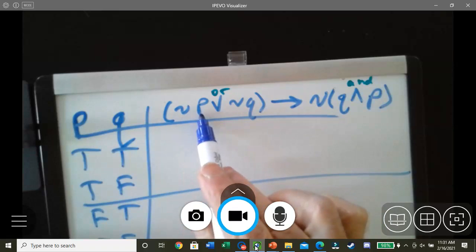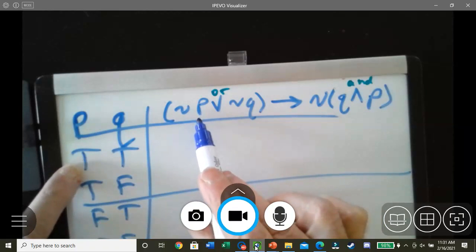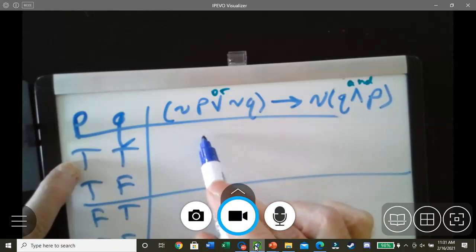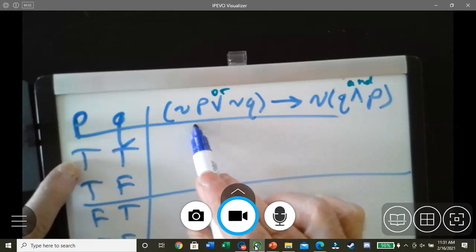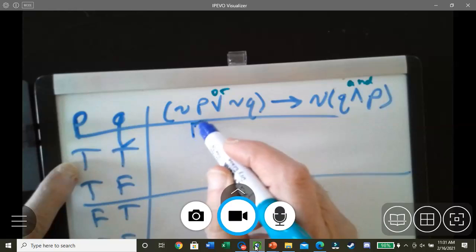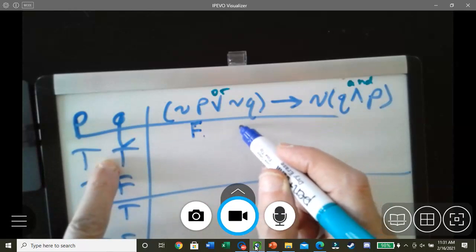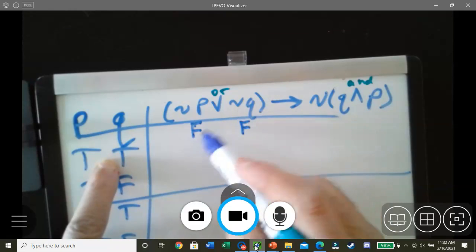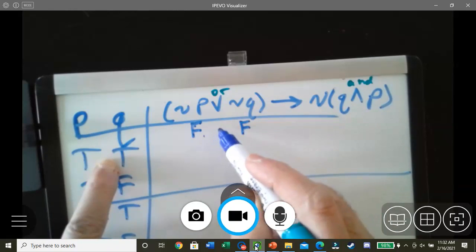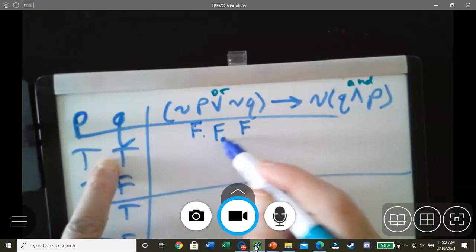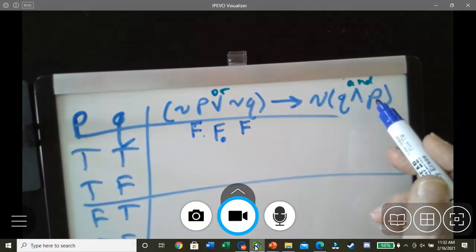So we've got not P. So if P is true, then not P is what? Not P is false. Good. And if Q is true, then not Q is also false. So false or false is false. Good. Put a dot there.